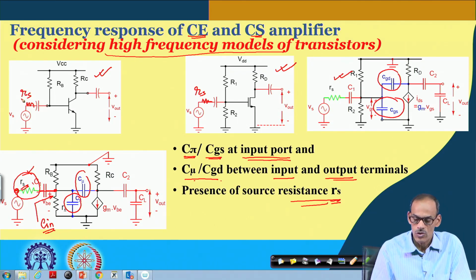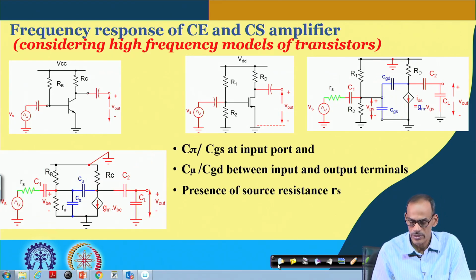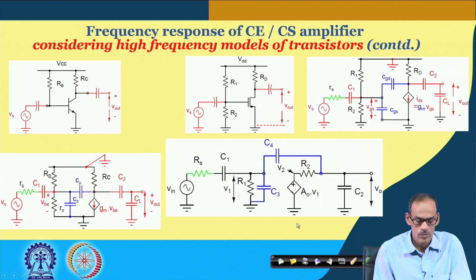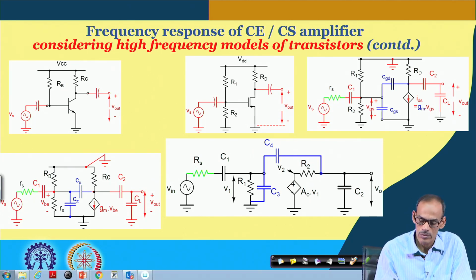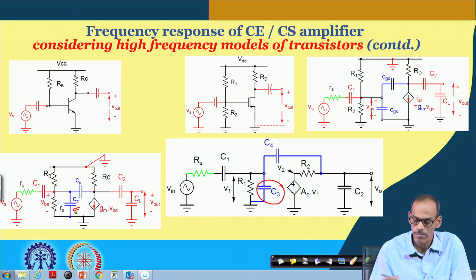Okay. So, if I consider this model and this model together, we have the generalized model which is given here. We have C3 representing either C pi or CGS.